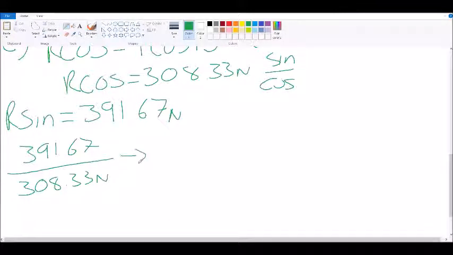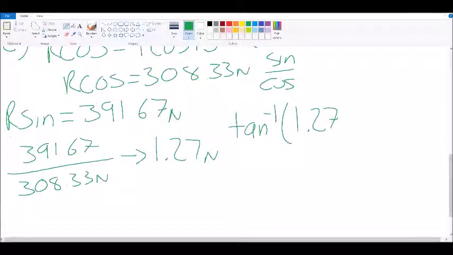So once you do this, you're going to get 1.27, and we're going to take the inverse tangent of it in order to find the degrees. So we're going to do tangent to the negative 1 of 1.27. And then we're going to get the degree of 51.8 degrees.